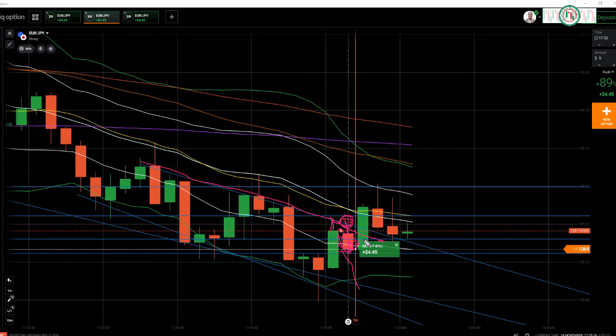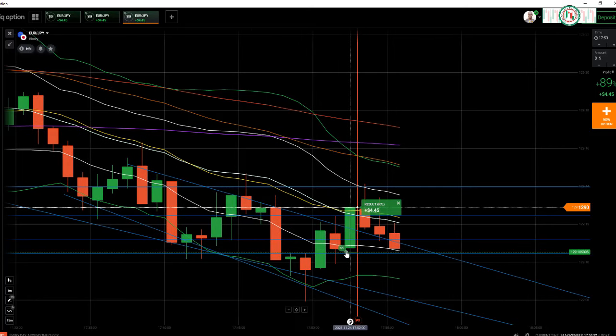So the third trade is on this candle, because this candle is weak. It's like a spinning top, has the same lower and upper shadow.